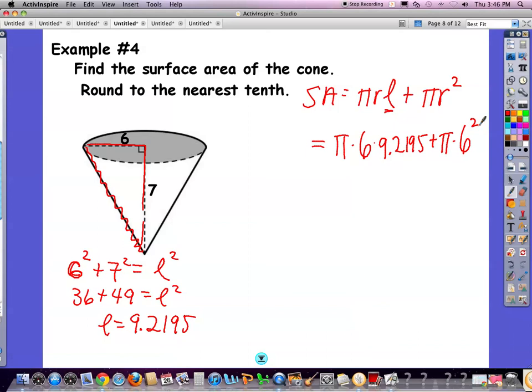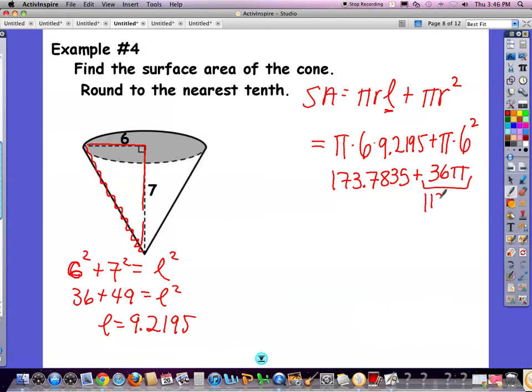Pi times 6 times 9.2195, and then I'm going to write down that number. You can, if you want, put that in your parentheses in your calculator. Just be careful. Make sure you do a double check to see that you're getting it right.